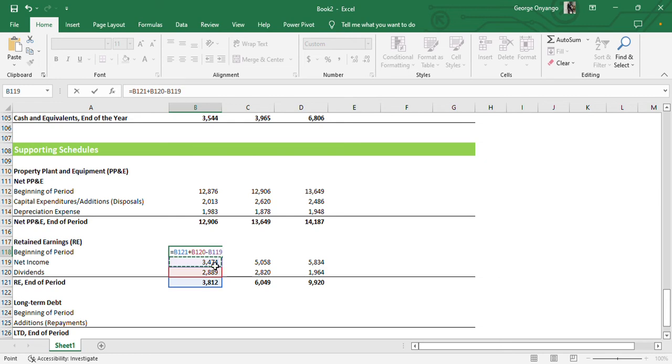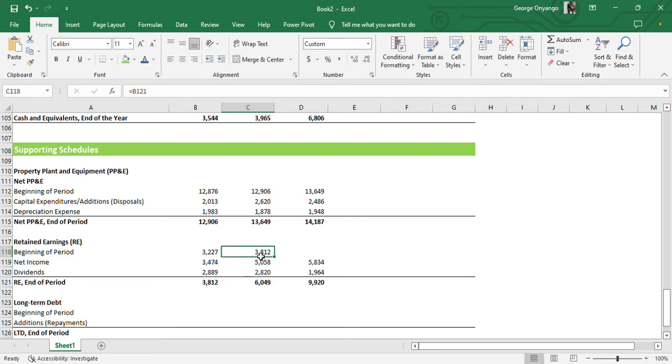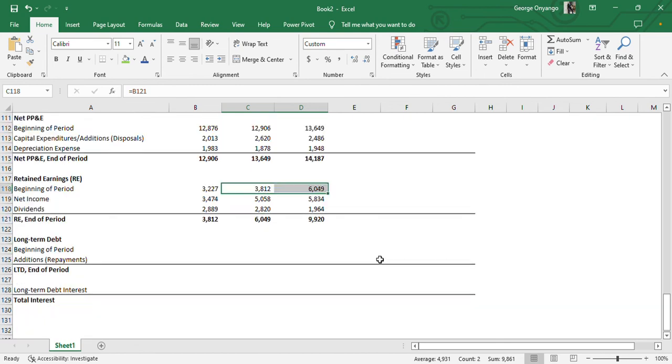We make the beginning of the period the subject, and we are going to be able to get that. So the retained earning in the period of 2010, 2011 I mean, is going to be this. Just going to take that, and for 2012 it's just going to be the same, control right. So we get our retained earning for the period.